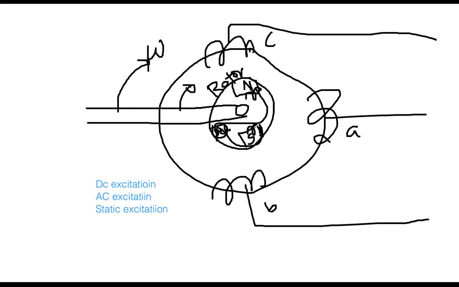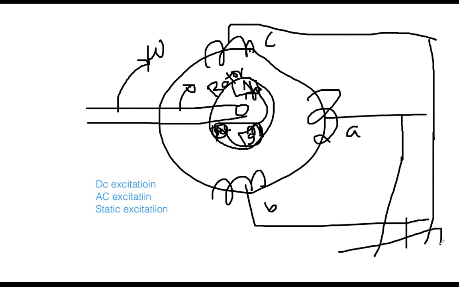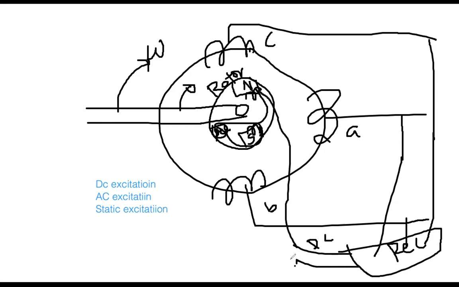Static excitation means there is another type of arrangement. Neither do you have a DC generator here, nor do you have an AC generator here. The concept is to take the output of these three phases into a rectifier circuit. Here you have a rectifier circuit. This is the rectifier, and that rectifier is producing DC. This is your DC. And then you provide that DC to those two coils.